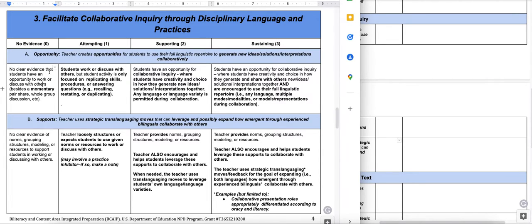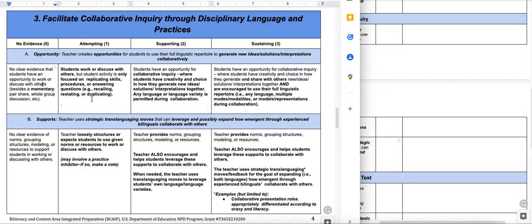Okay, so starting off at a 0, we're going to be looking for evidence that will show us that we're at least at a level 1. So this would look like students working or discussing with others, but student activity is only focused on replicating skills, procedures, or answering questions.